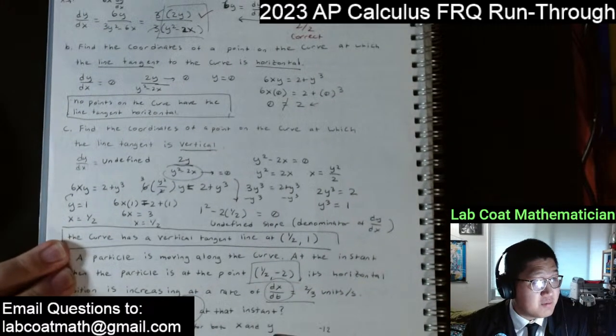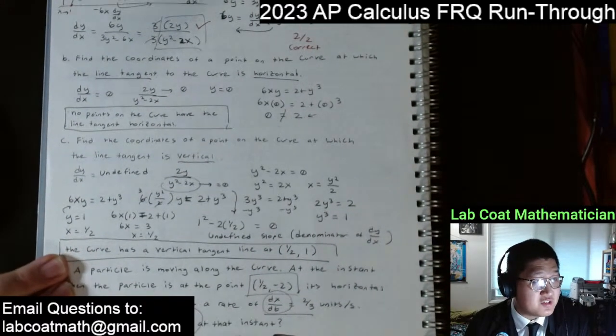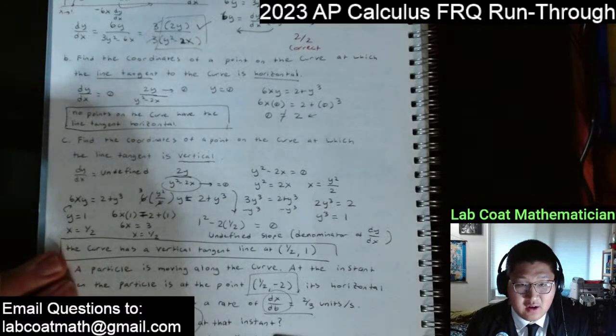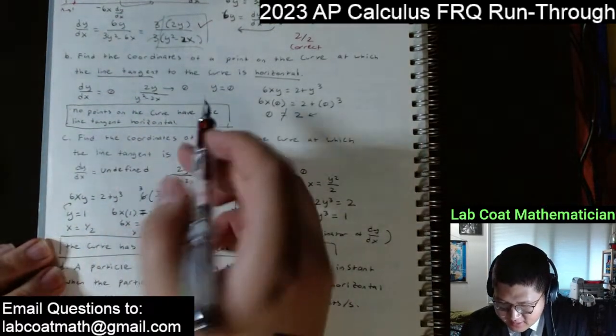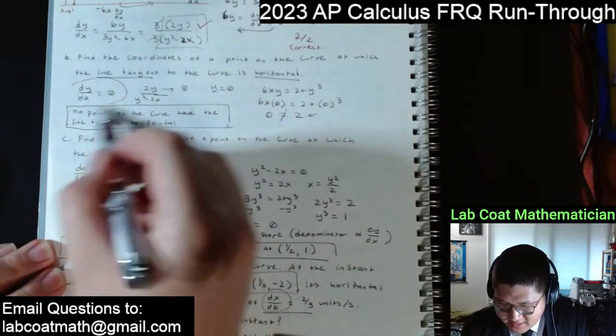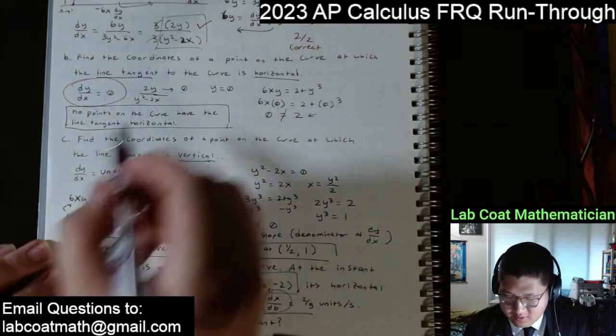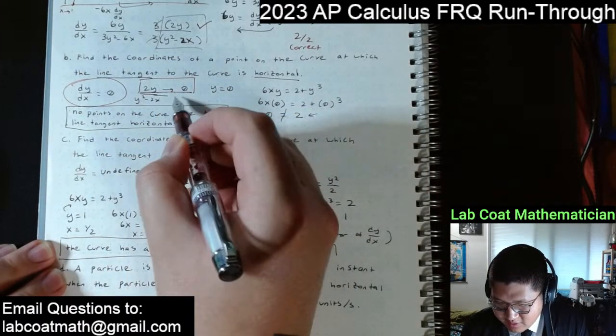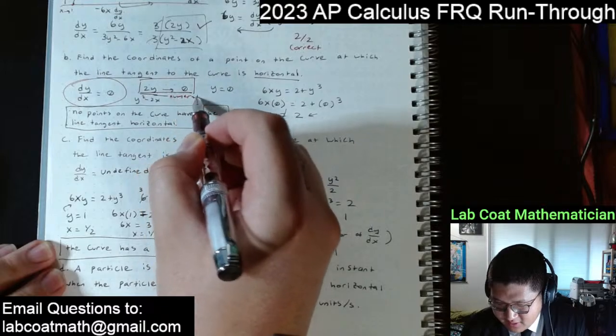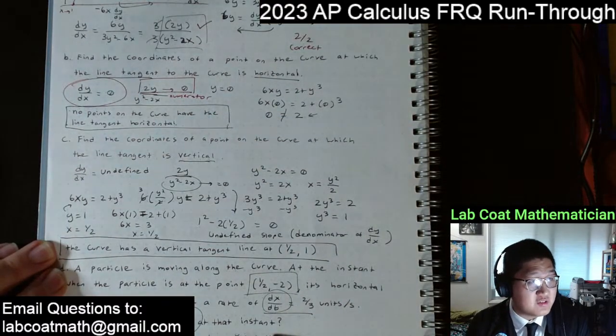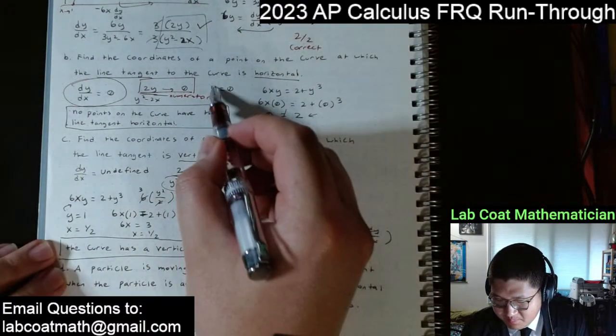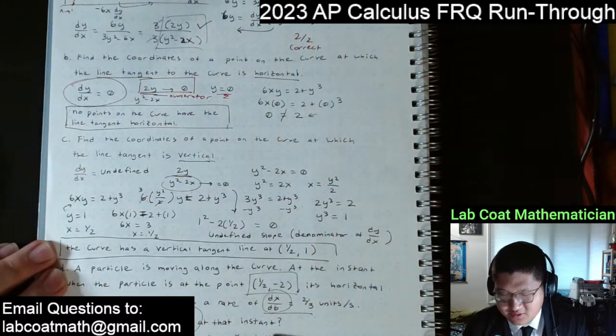Okay. Then part B is that they want to find the coordinates at which the line tangent of the curve is horizontal, right, on that point. Now, again, because of the fact that a horizontal line means that the first derivative must be equal to 0, that must mean that only the numerator in that fraction for the first derivative must also be 0, meaning that the point will be y is equal to 0.